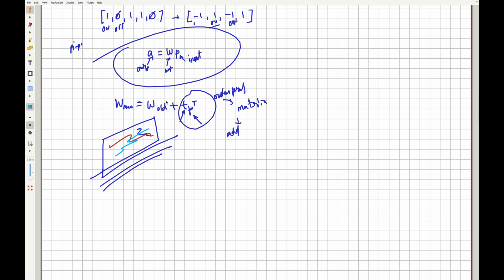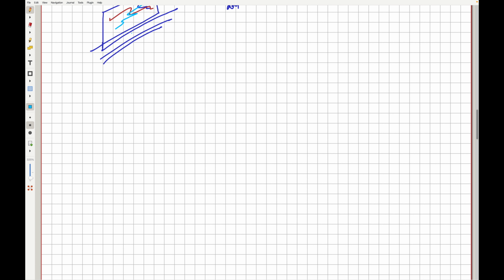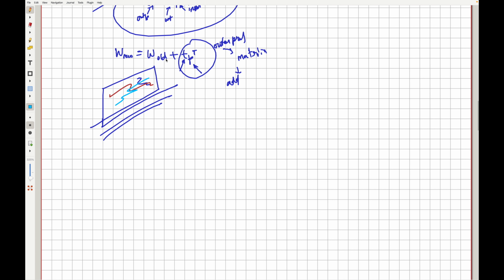And to store many input output pairs, we just keep adding these sequences. The way we can write that is as follows.